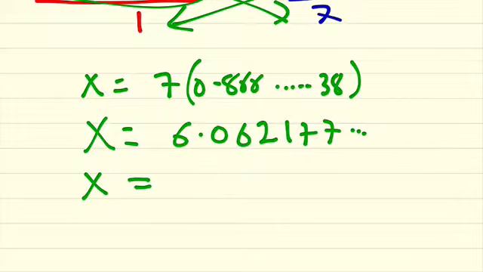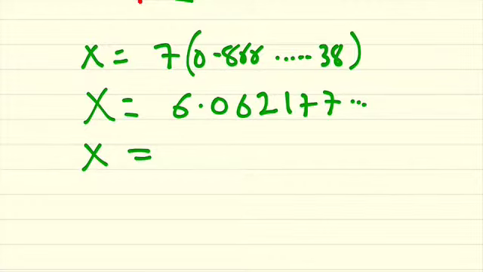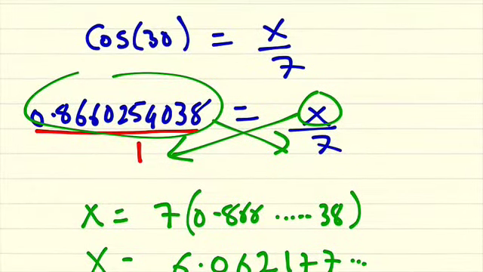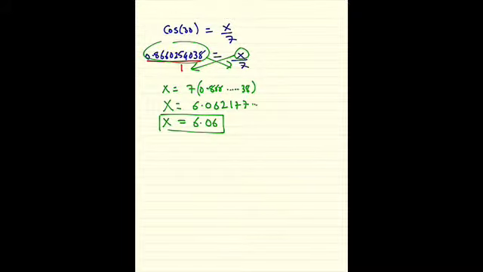The question, Brianna, might ask you to round it to 2 decimal places, so that would be 6.06. But I wouldn't round here at this part, because your question might be put off. You all okay with that? Do you want to scribble that bit down somewhere?